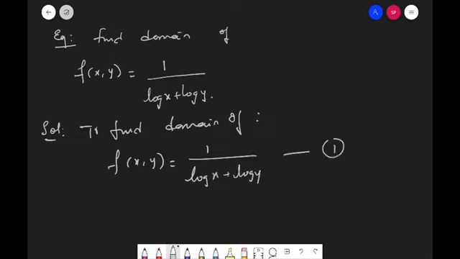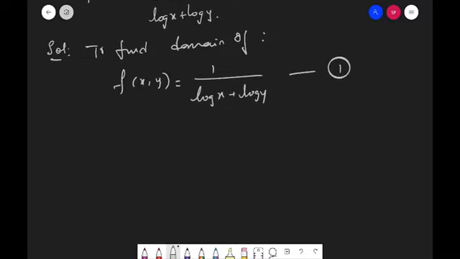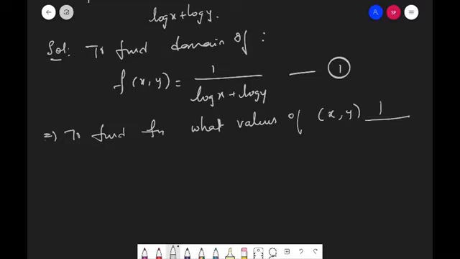This implies to find for what values of x comma y, 1 by log x plus log y is defined.